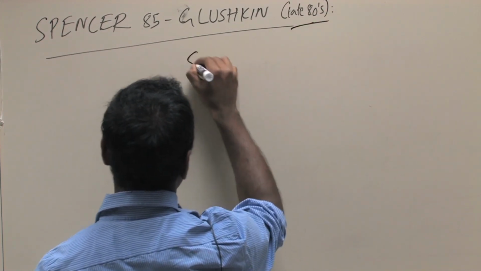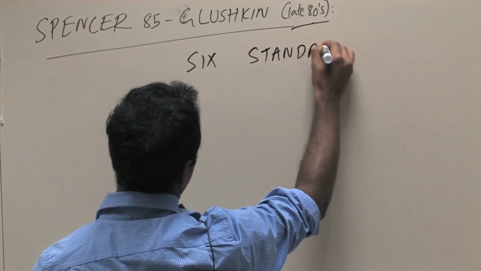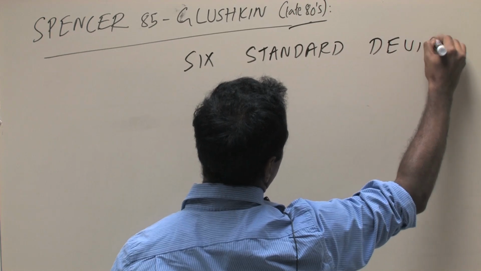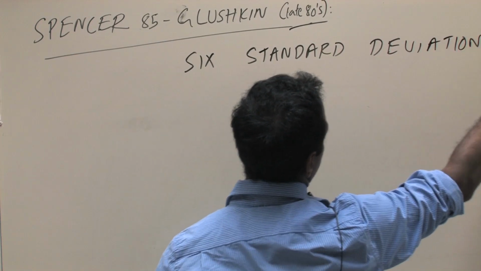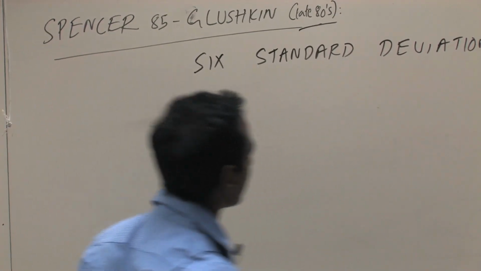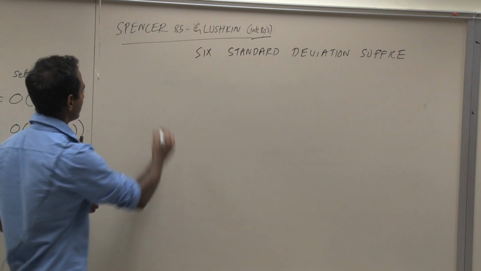So Spencer called it the 6 standard deviations suffice theorem.